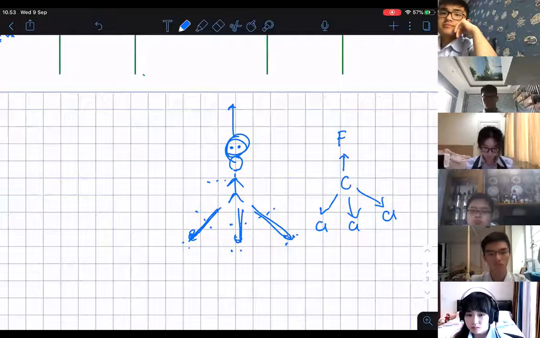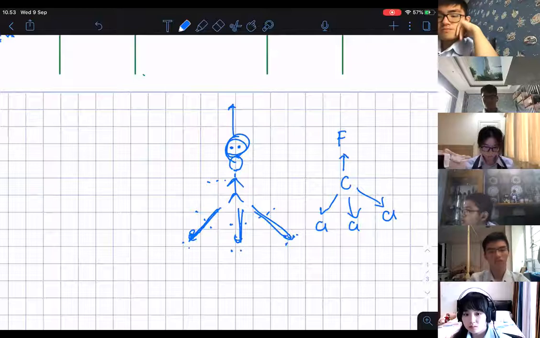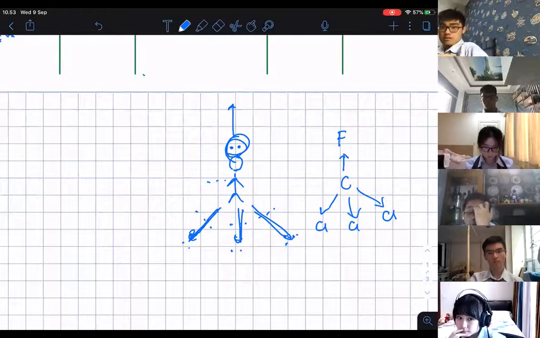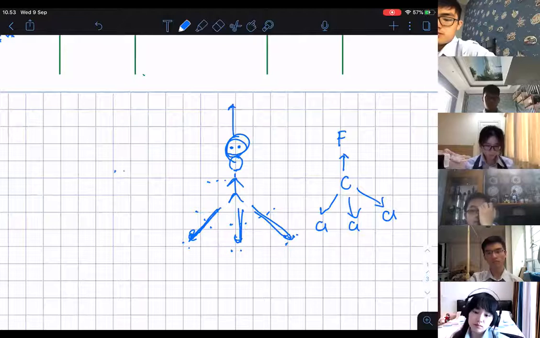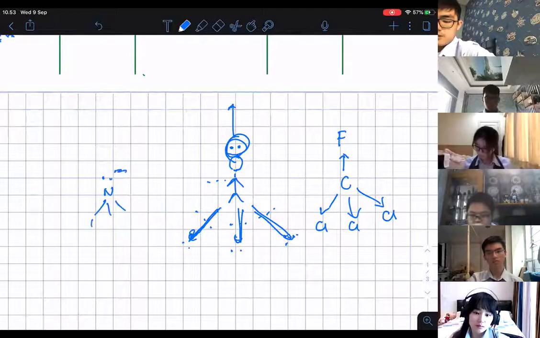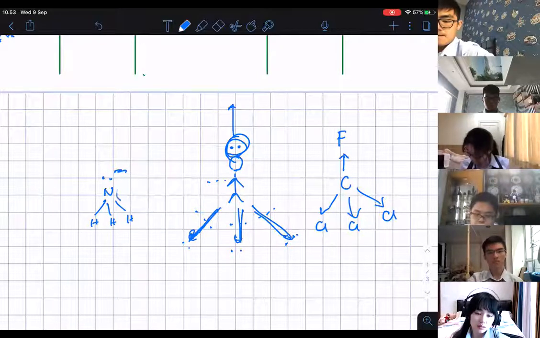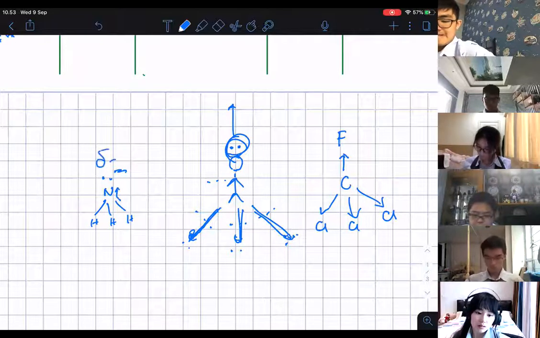Our concern is not to identify where the electron might be, but whether the electrons are equally distributed throughout the molecule. Once I know there is a lone pair, and let's say H over here, I know the electron will go towards nitrogen, so this part is going to be delta negative.